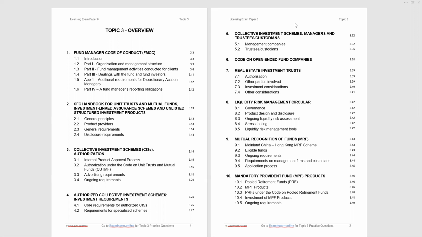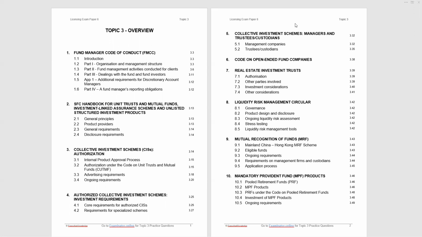And that we cover in section 3, section 4, looking at the approval process, authorization by the SFC of collective investment schemes, and the investment requirements, the requirement to diversify, etc., etc. And that's both for general schemes and specialized schemes.